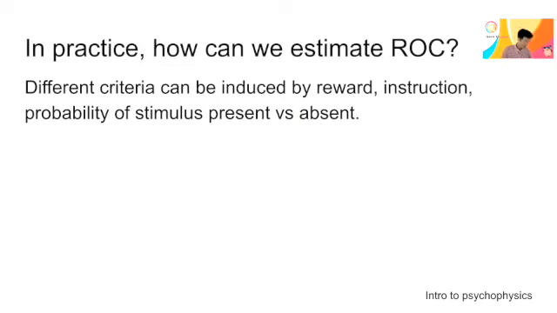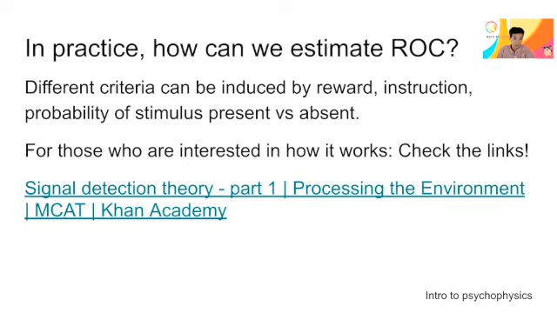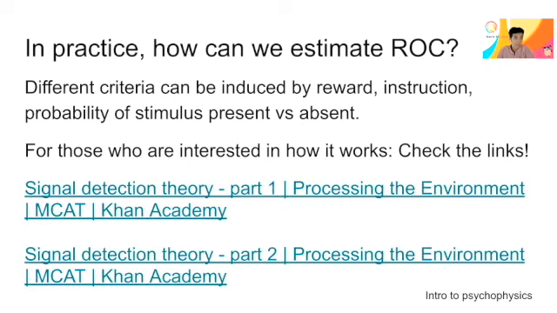Also, if you ask people to rate the confidence of visibility, then from that we can also estimate different inflection points for the ROC curve. If you are interested in how it works or you want to use it for your project, these links are probably useful.